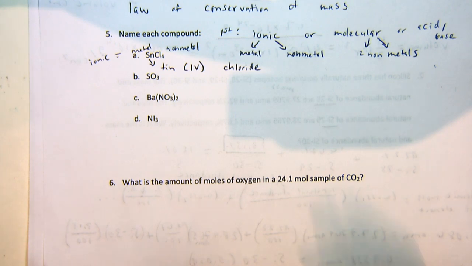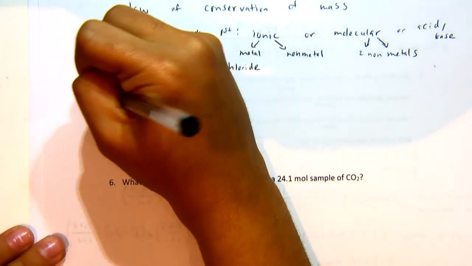Now our next compound is sulfur with 3 oxygens. Both sulfur and oxygen are nonmetals, so this is going to be a molecular compound.